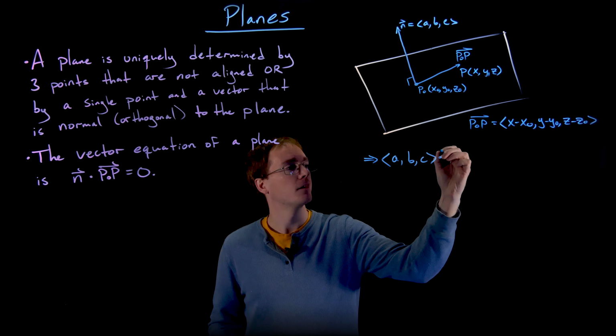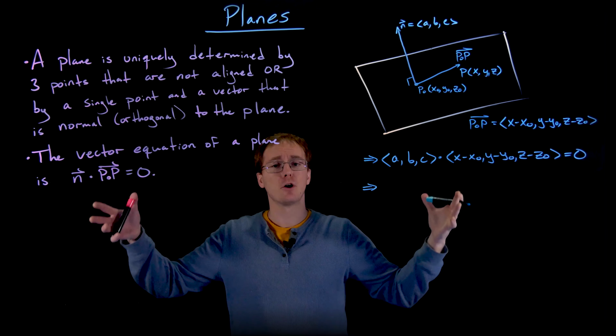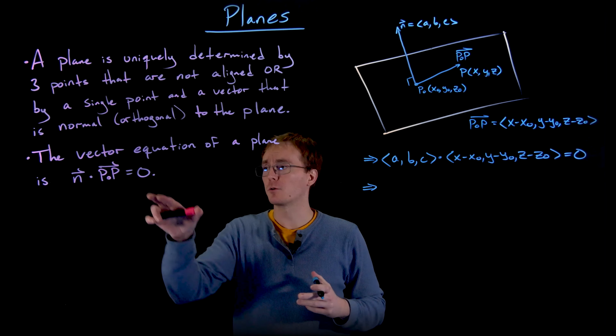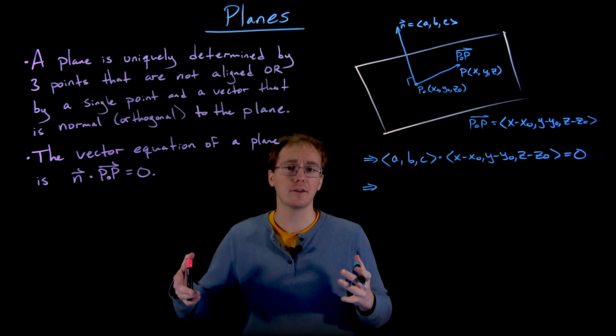So this is still really the vector equation of our plane, and it's still involving vectors, but if we compute this dot product, we know the dot product will give us a scalar, and that'll help us go from the vector or dot product version of the equation of our plane to the scalar equation of our plane. So remember, to evaluate a dot product, we just multiply the corresponding components together and then take the sum of those products.